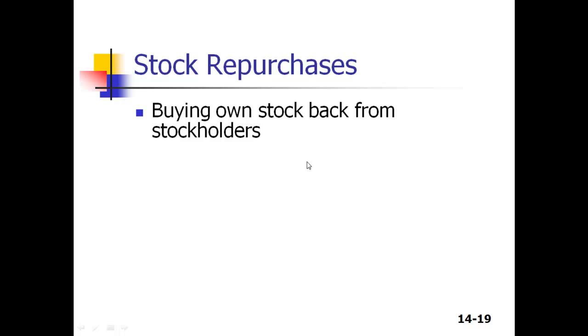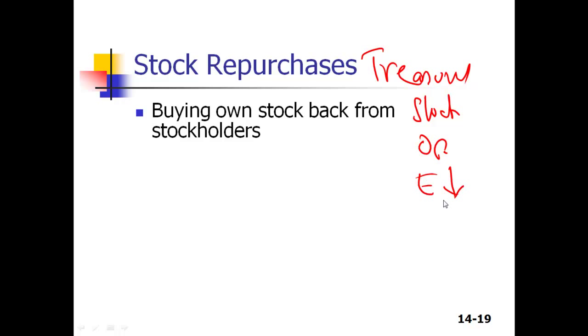The company. Does anybody know the name of that transaction when a company buys back? This is also called a treasury stock operation. Okay, a treasury stock operation, shares are bought back. What happens to the equity of a company when shares are bought back? The equity goes down.